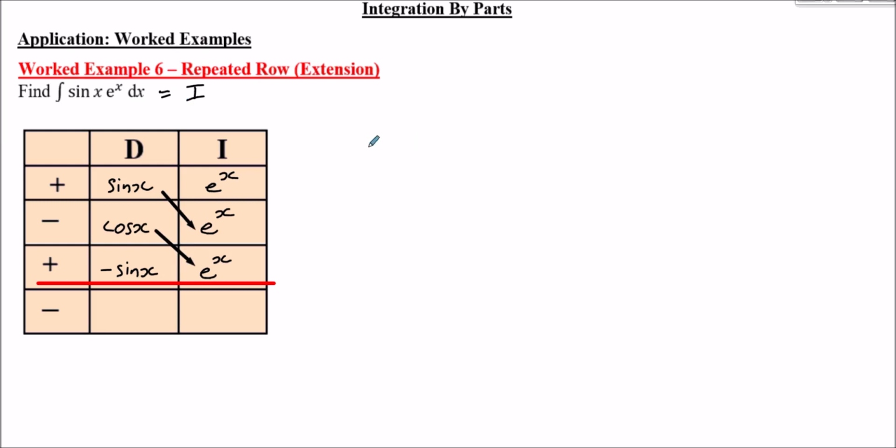So I, the integral of sine x e to the x, is going to be sine x times e to the x. I'm going to write e to the x first. E to the x times sine x. Then minus cosine x times e to the x. That's minus e to the x cosine x. Then I'm going to take this product and integrate.